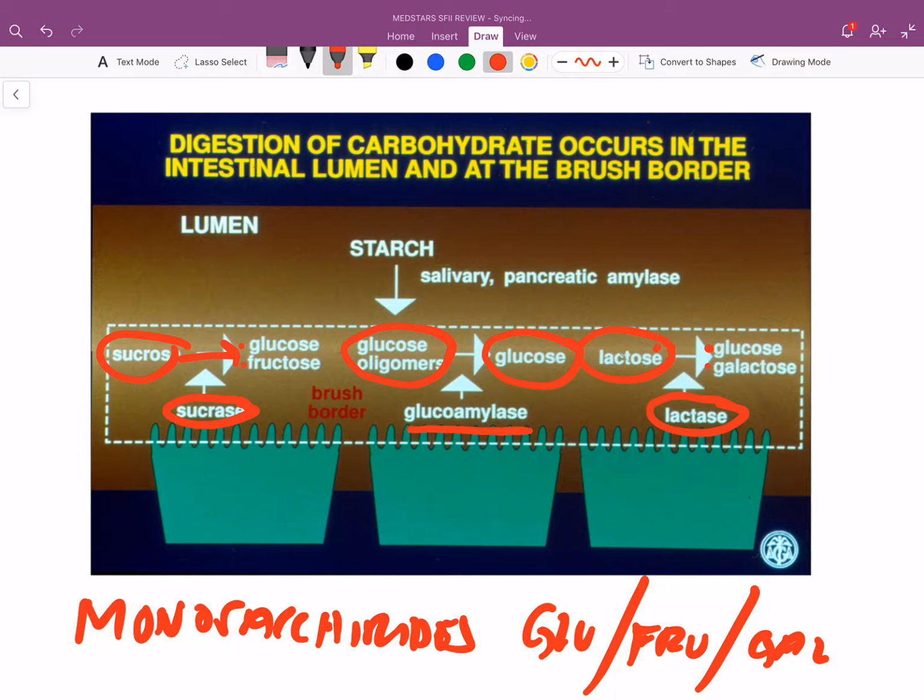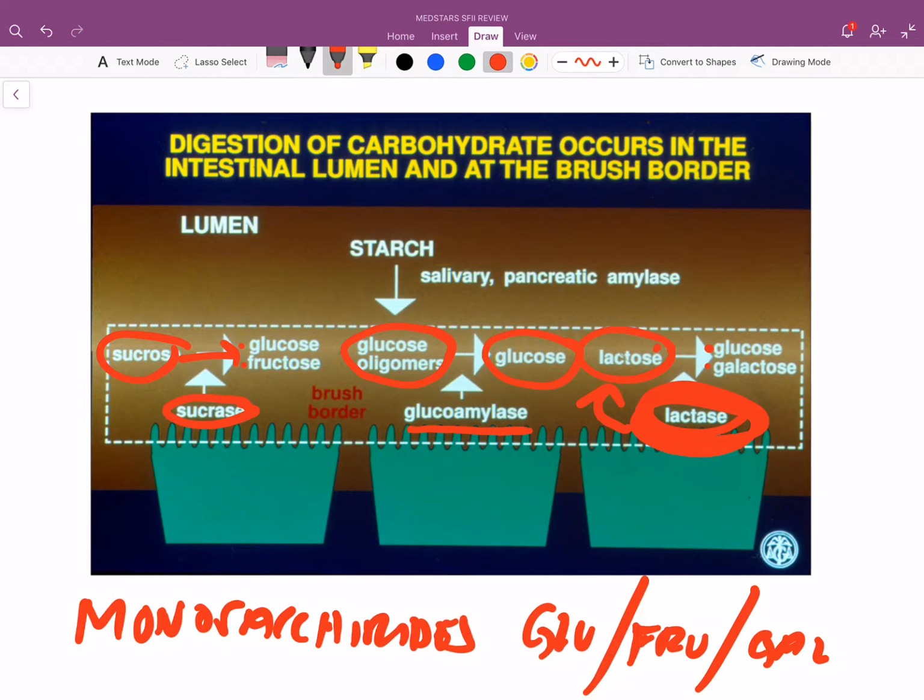They're missing this enzyme on their brush border, which means they can't digest lactose, which means lactose stays in your gut longer, which means bacteria have a feast of sugar to eat. When bacteria eat sugar, they create gas and all that kind of stuff. Those are the clinical symptoms and the pathophysiology behind people who are lactose deficient.